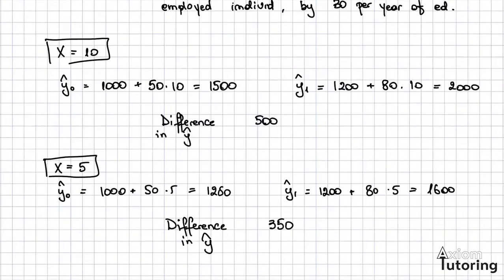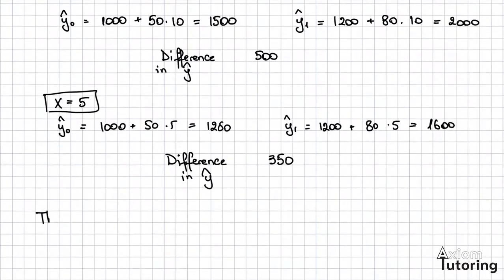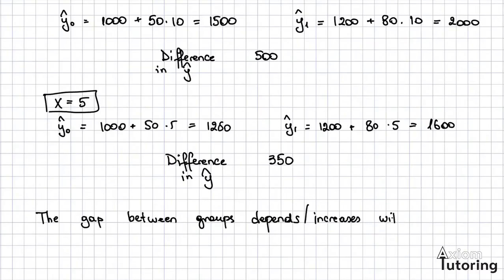So look carefully. What that is telling us is that the gap between groups depends on, or increases in this case with, education. And how exactly, what's the math here?